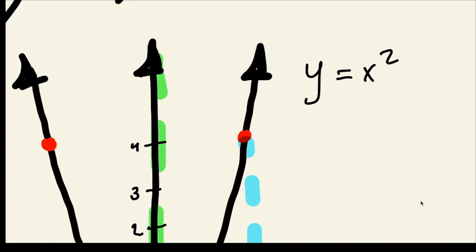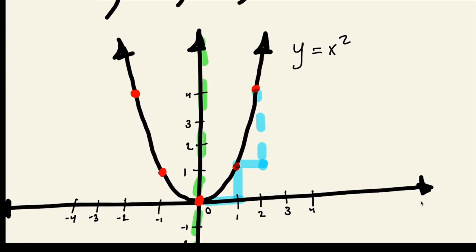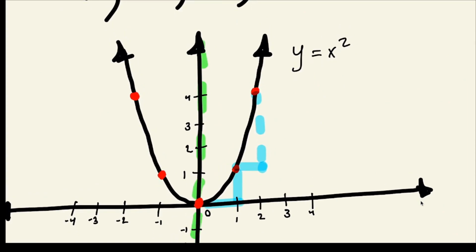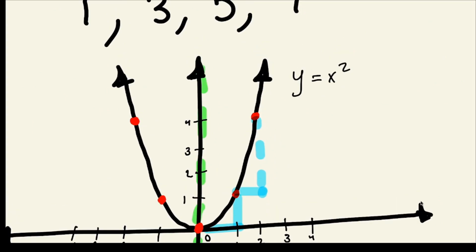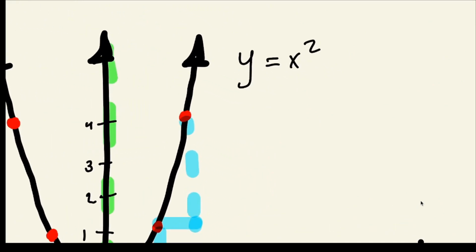And here I put 1, 3, 5, 7 because that's what it goes up by. So you always go 1 to the left or the right, and then based off where you are in the pattern, you go 1 up, 3 up, or 5 up, or 7 up, right? So maybe it'll make more sense if I do it like this.